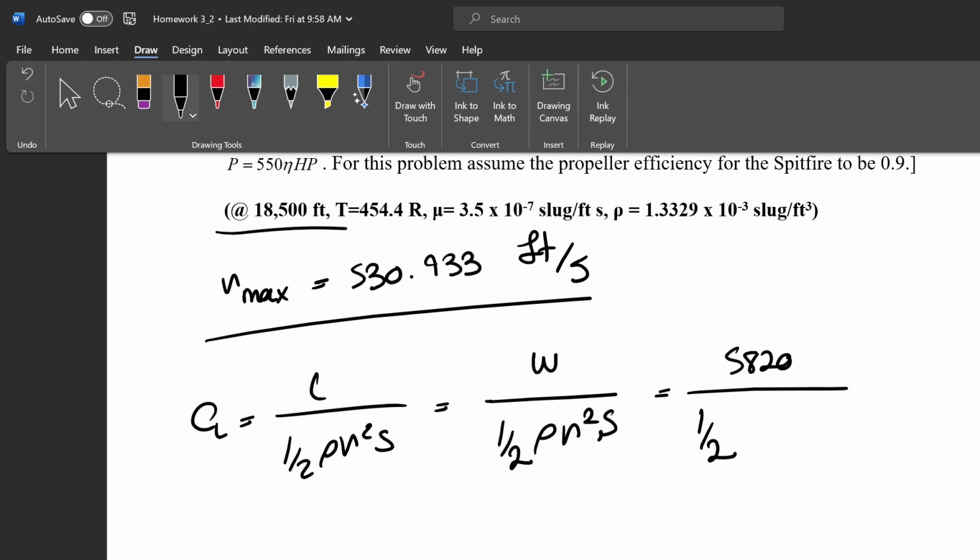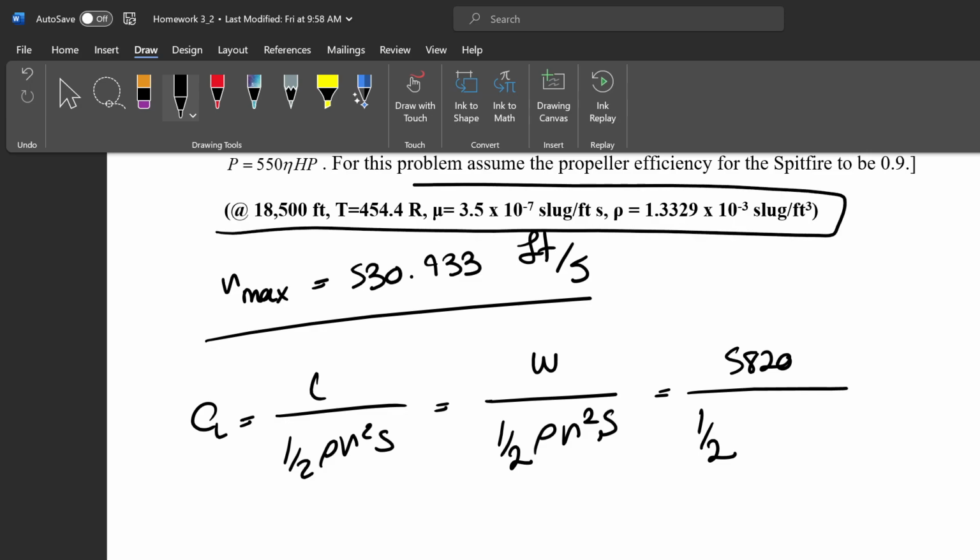Again, a standard atmosphere. You have to go to the standard atmosphere tables and look up all of this at a specific altitude, but it is going to be given to you, for everything you need.